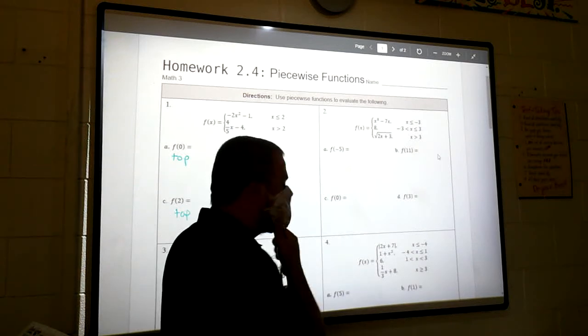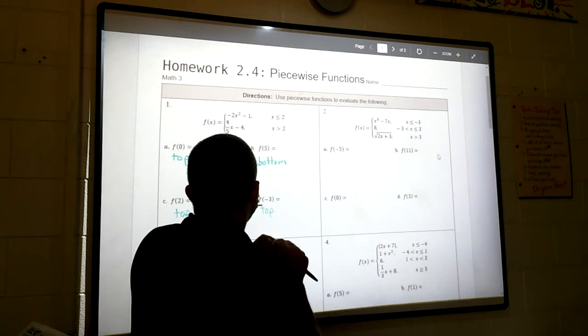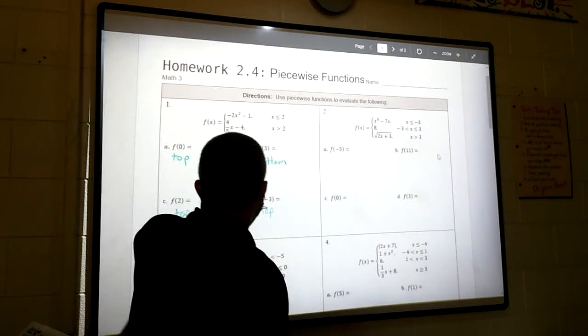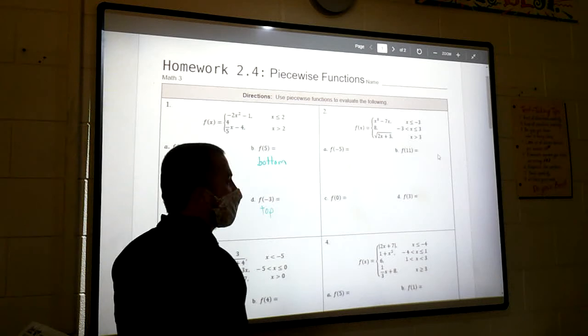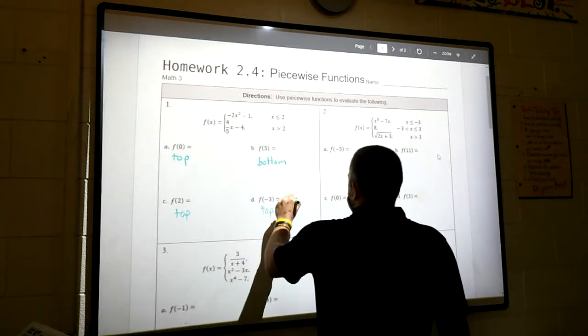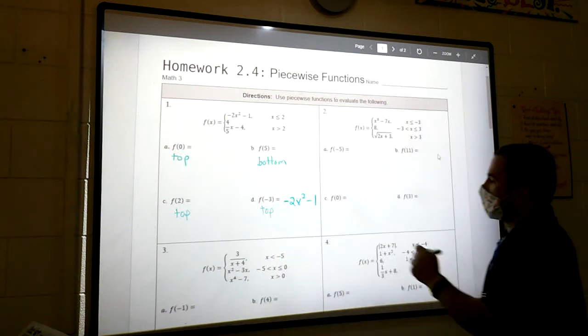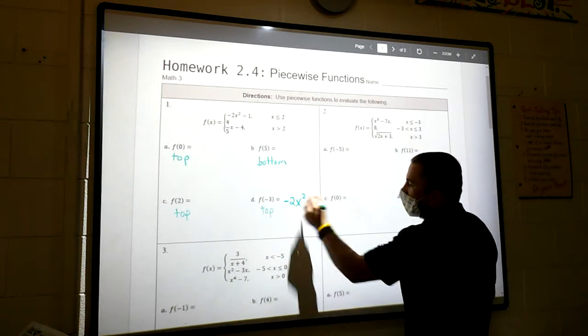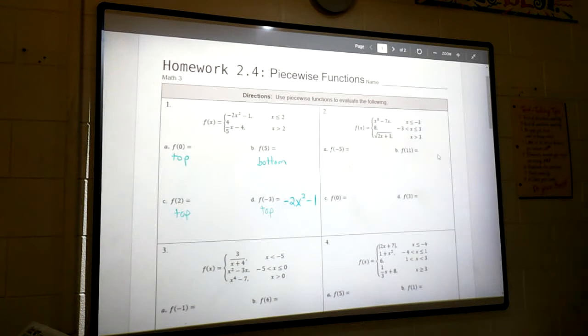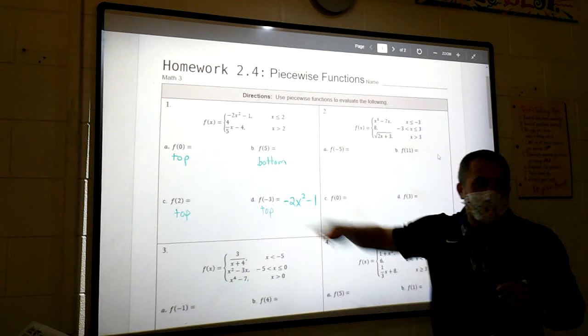What I mean by using the top or the bottom is, if I'm using the top equation for negative 3, for example, then I'm going to write down negative 2x squared minus 1. So I'm going to write down the equation for the top one. And wherever I see an x, I'm going to plug in negative 3 in parentheses.